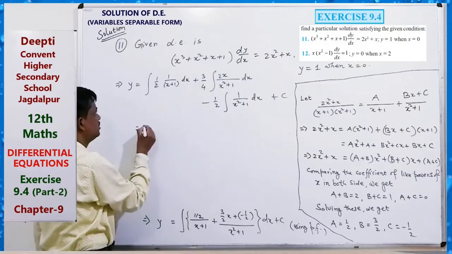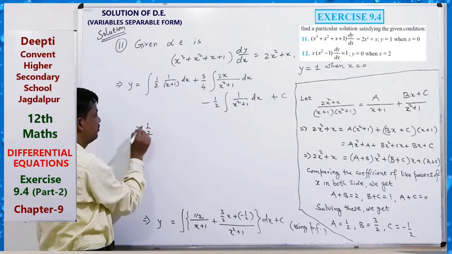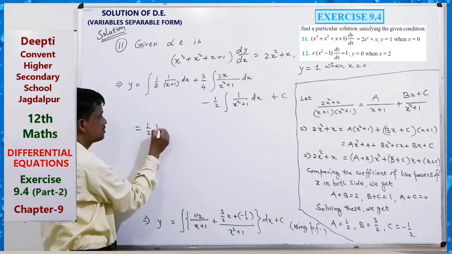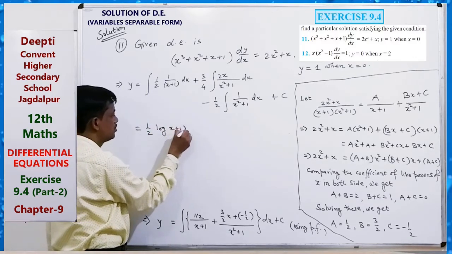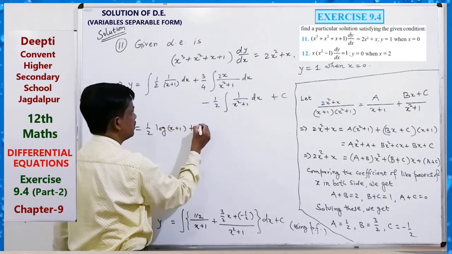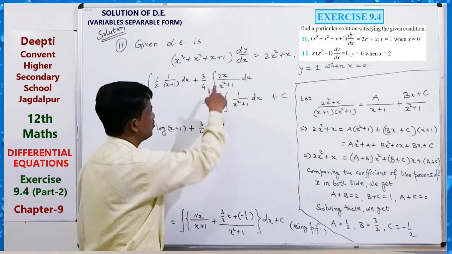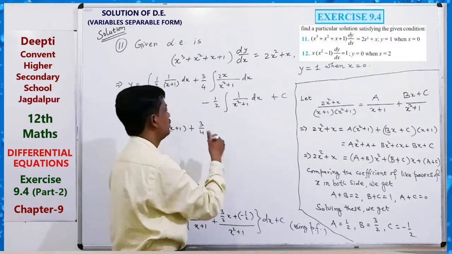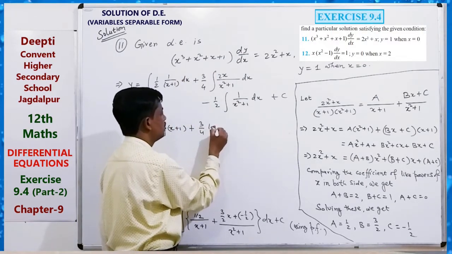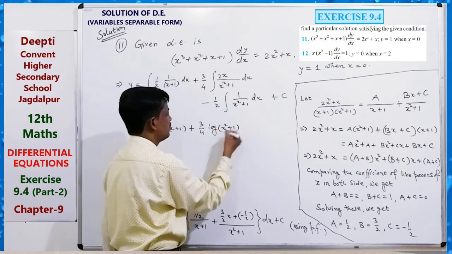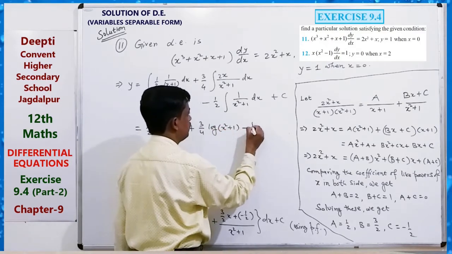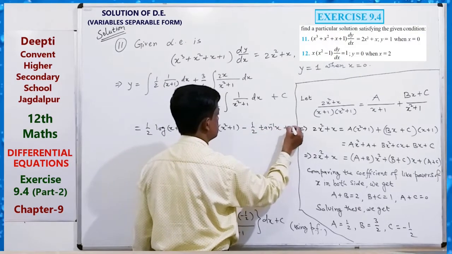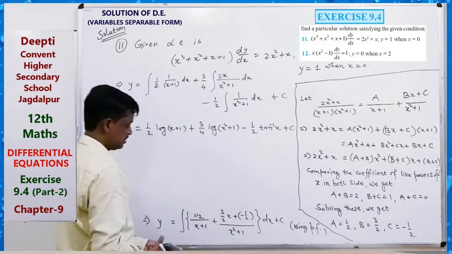Here half log of x plus 1, and here 3 by 4, putting x square plus 1 equals t, 2x dx equals dt, dt by t, log of x square plus 1 minus half tan inverse x plus c. Okay, this is tan inverse x.